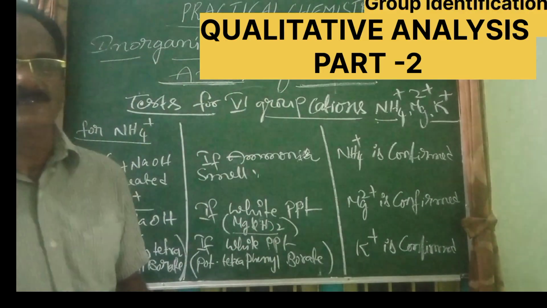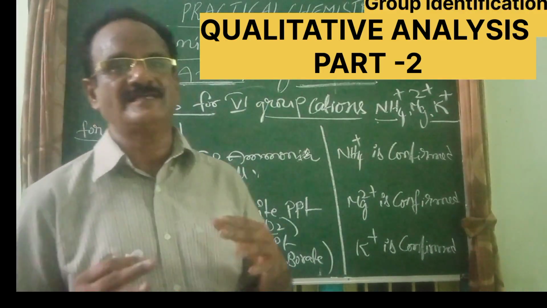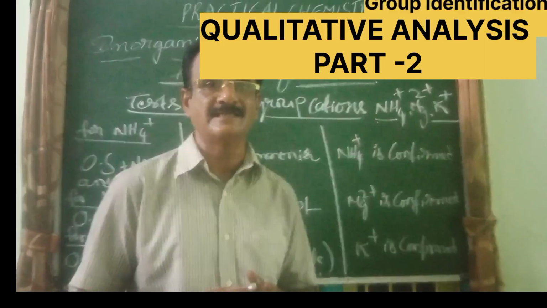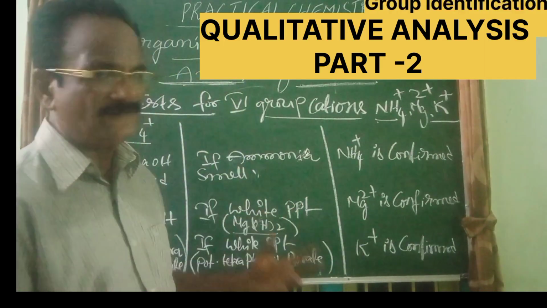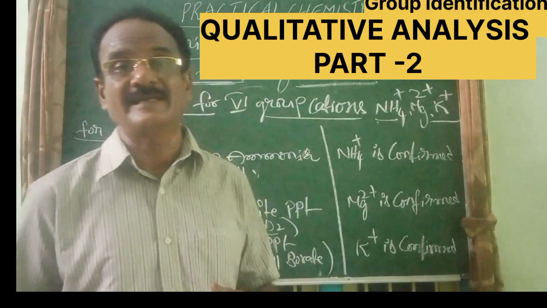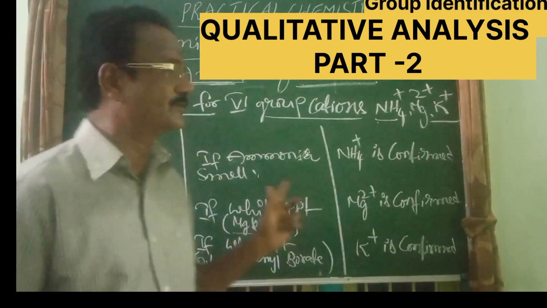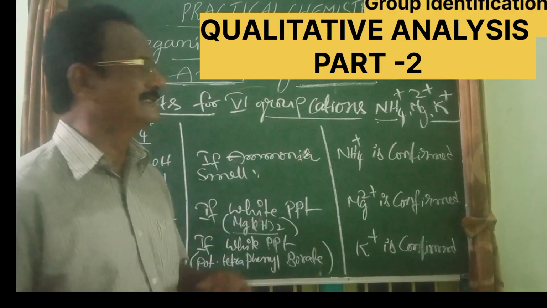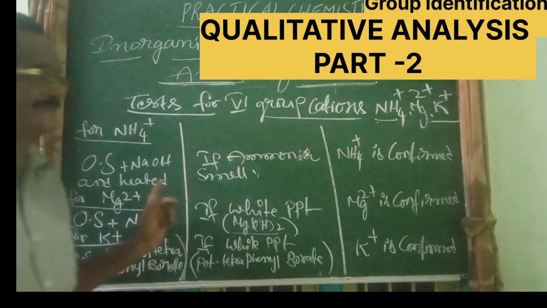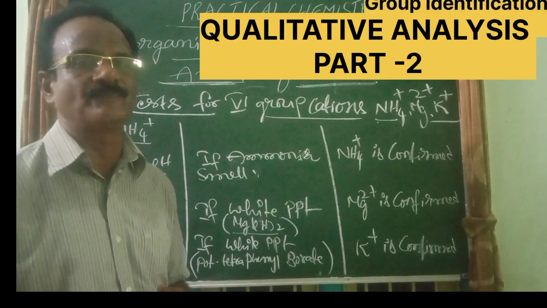So this is about identification of the first five groups of cations, and if there is no cation from the first five groups in the salt, then we proceed for sixth group cations like this. Is it clear? So we can confirm these here.